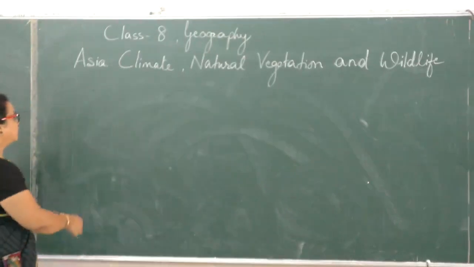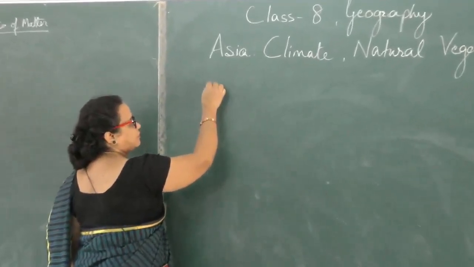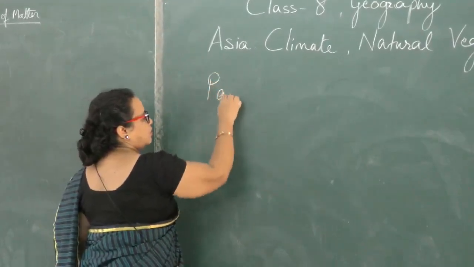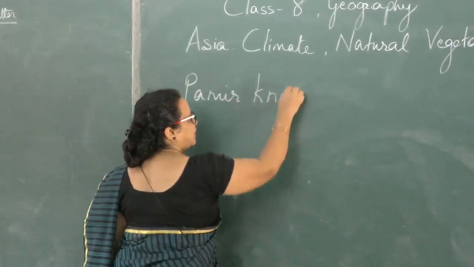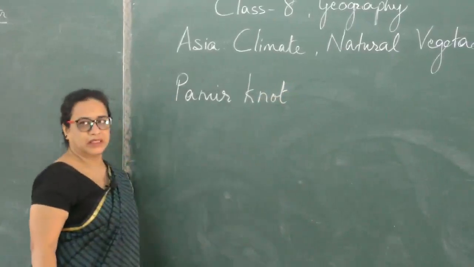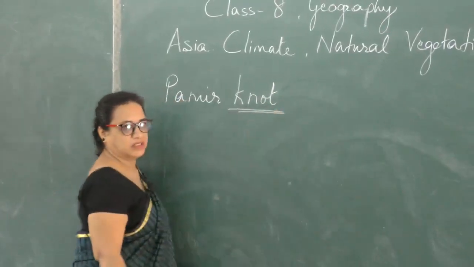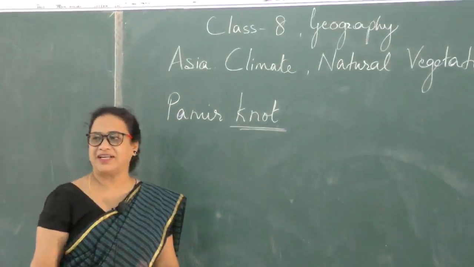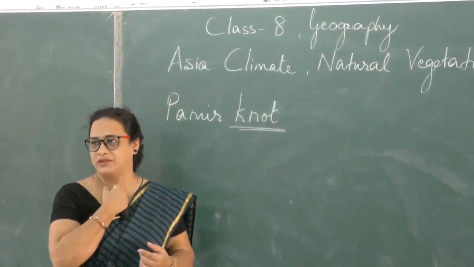Now, in physical features, where you did the 5 physical features, you came across, if you have read the chapter, the term Pamir knot. Clear? Now, you should understand what the word knot means. You usually wear a tie to school and you make a knot at the base over here. Clear?